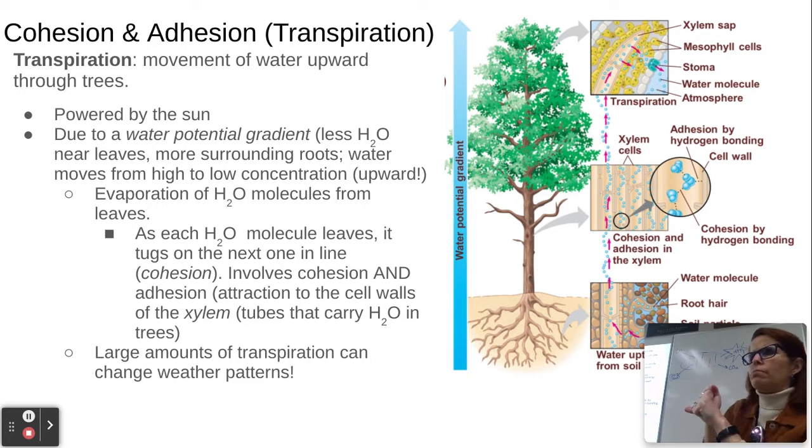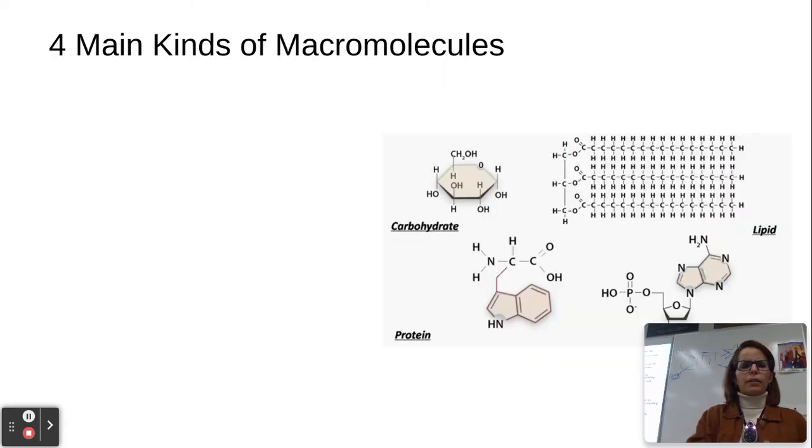That's cohesion. And they're attracted to the tubes in the tree itself, and that's adhesion. And that allows the water to move upward. It's a very crazy concept, but that's because of water. Remember that without water and its wacky properties, there is no life on this planet. It is totally dependent on water molecules.